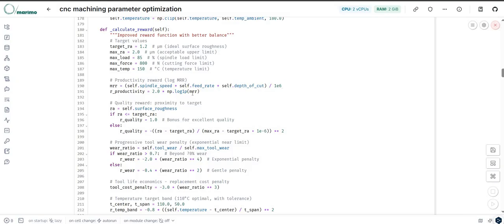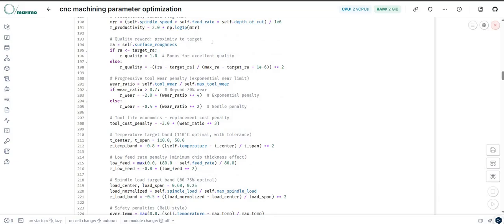Instead of using this directly, we take the logarithm, written as log(1 + MRR), that is log base e of 1 plus MRR, and multiply it by 2. This scaling makes the reward grow with productivity but prevents it from exploding when MRR is very large. And the quality reward is here.